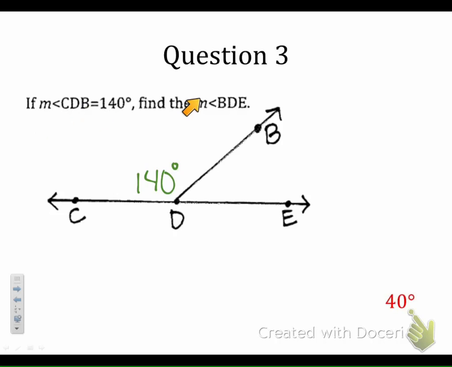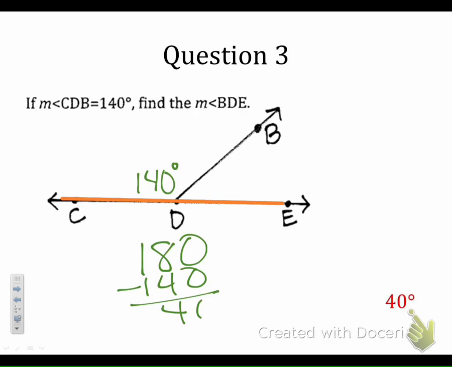There was nothing in my directions that talked about bisecting or anything about congruence. So if this piece is 140, and I noticed the straight angle, that was the key part. I've got a straight angle there or a line. So that's 180. And I had to take away 140. That's where the 40 came from. So this piece was 40.